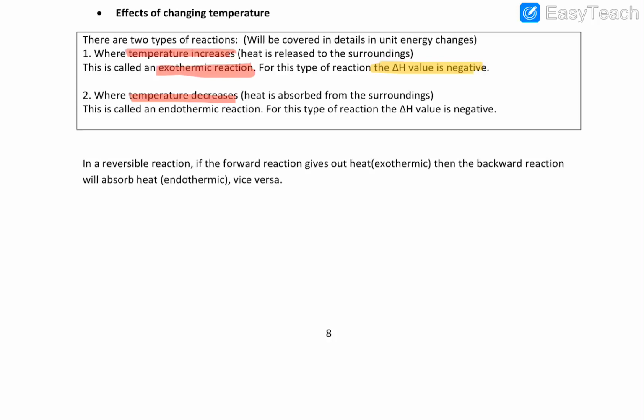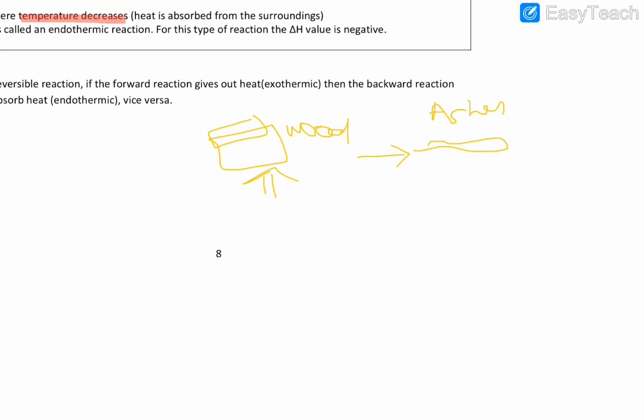Let's take an example that I remember from class. Let's say we have wood that we're going to burn down, and it is going to form ashes. The wood initially has a large amount of energy stored in it, so its initial energy level was high.